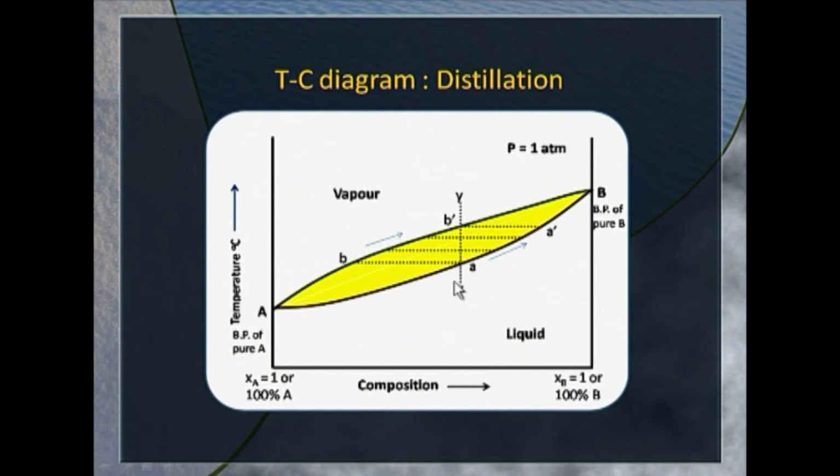Now, for our discussion, let us start with a liquid of composition X and heat it. When we reach the point A, it starts boiling. The vapors emerge out.